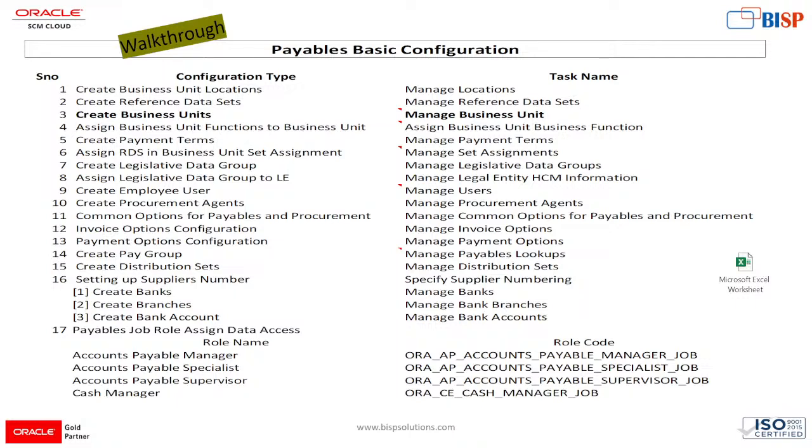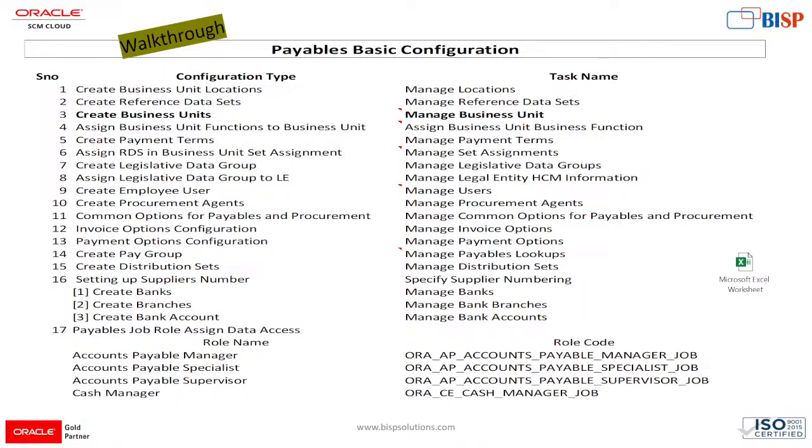And then we will create a legislative data group, that is LDG, through the manage legislative data group. For each country, one LDG will be created, and you assign that LDG to your legal entity, that is LE, through manage legal entity SCM information.